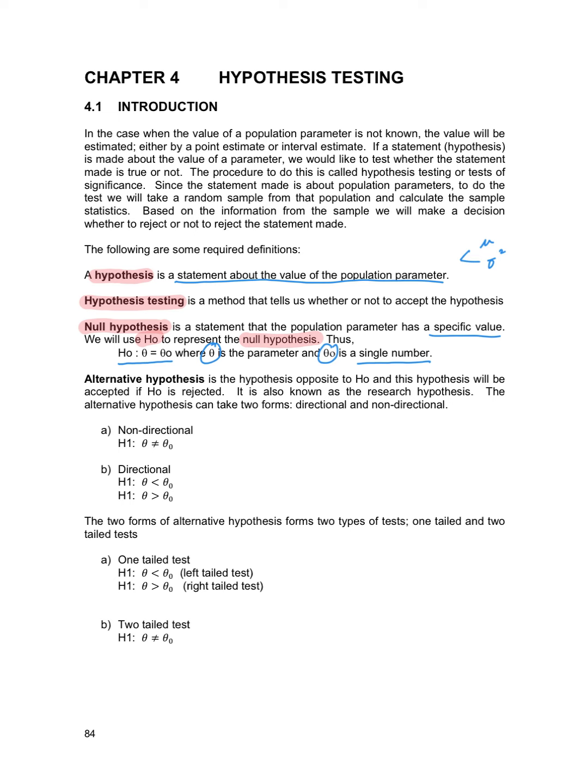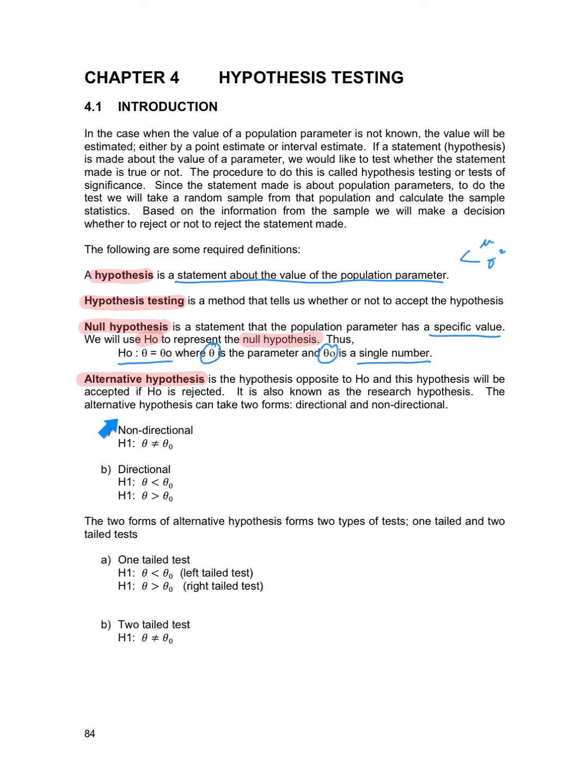Next we have the alternative hypothesis. The alternative hypothesis is the hypothesis opposite to H naught, and this hypothesis will be accepted if H naught is rejected. It is also known as the research hypothesis.